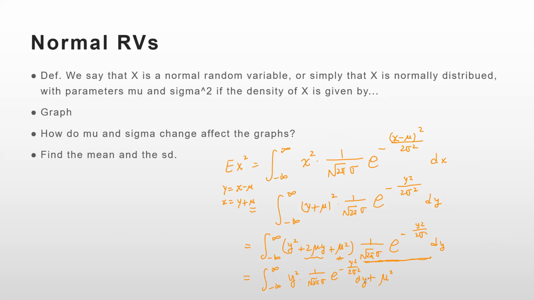So let's do some substitution as well, I think. So y over sigma, let's treat it as t, so y equals sigma t, so dy... but we have y squared.